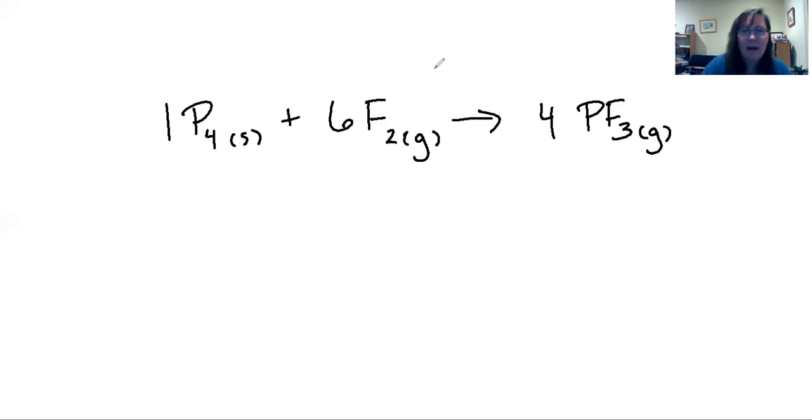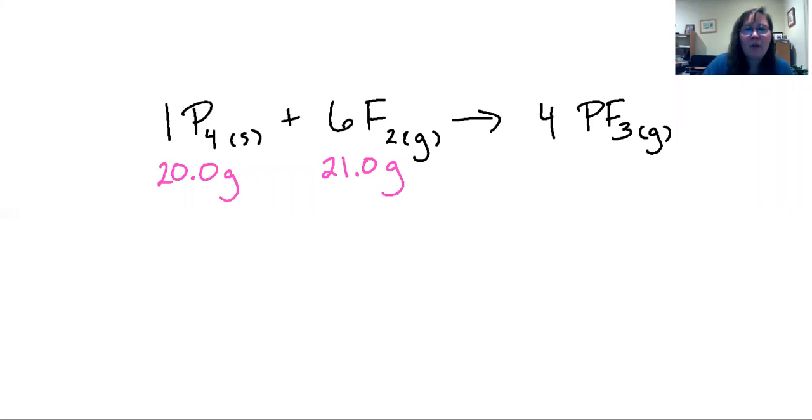Let's say that we have 20 grams of P4 and 21 grams of fluorine. You need to know which one's limiting and which one's in excess in order to do the problem.